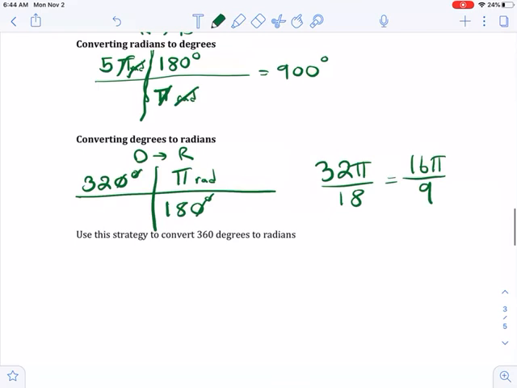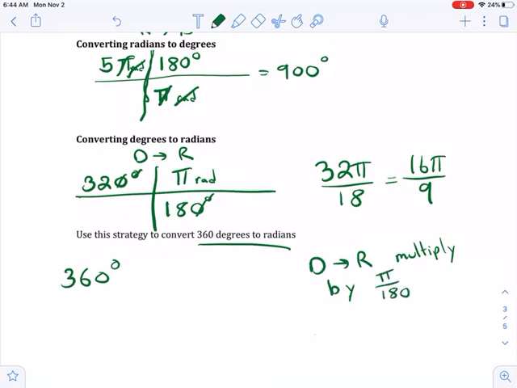So here we're just proving something that we already have. Convert 360 degrees to radians. Another strategy, the shortcut of it, is if I'm doing degrees to radians, I want to multiply by pi over 180. And if I'm going radians to degrees, then I multiply by 180 over pi.